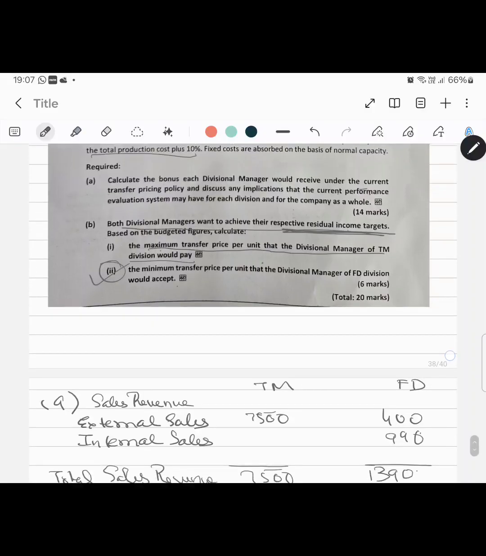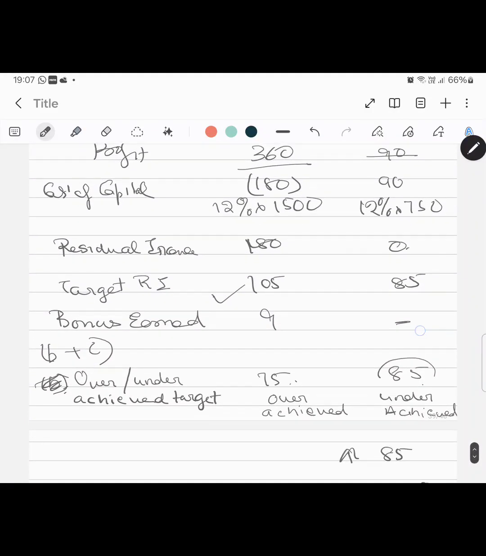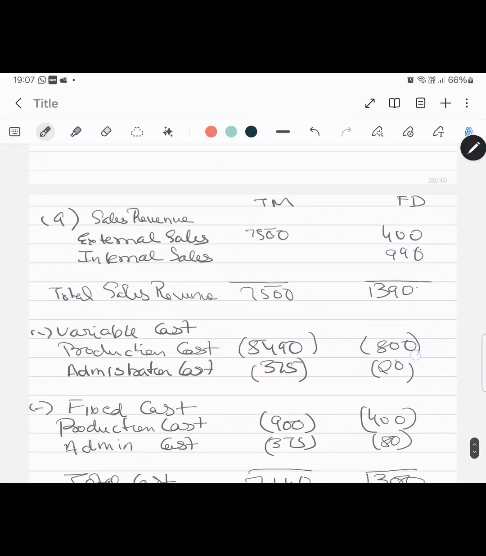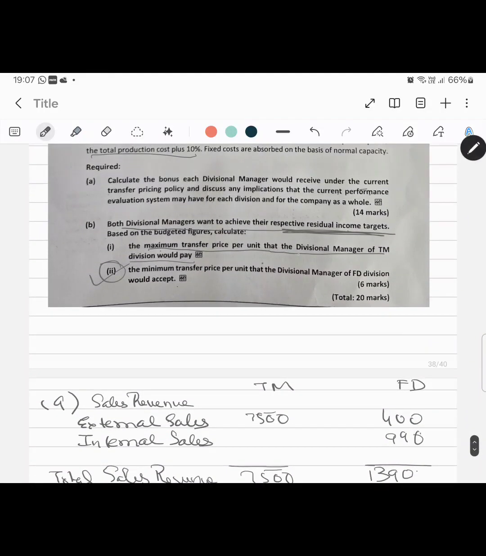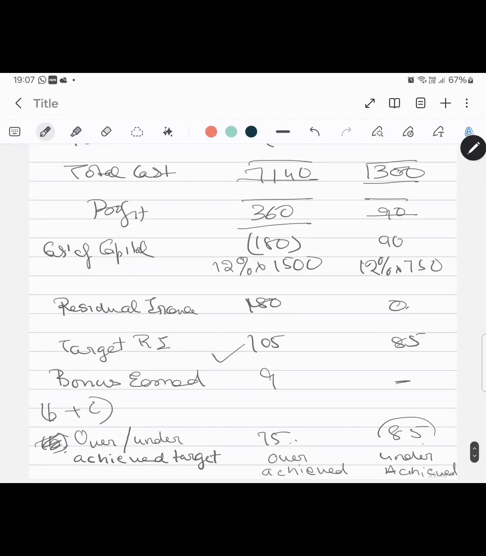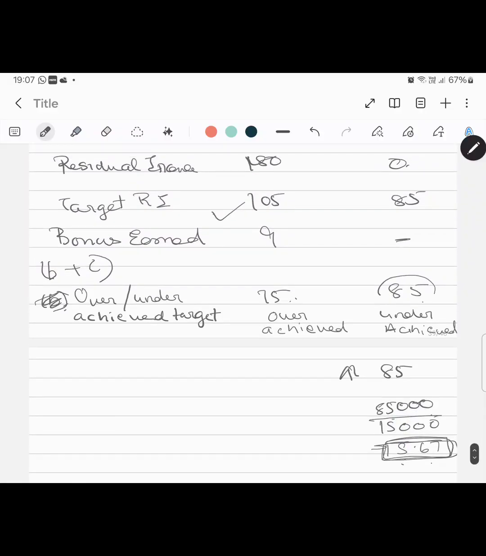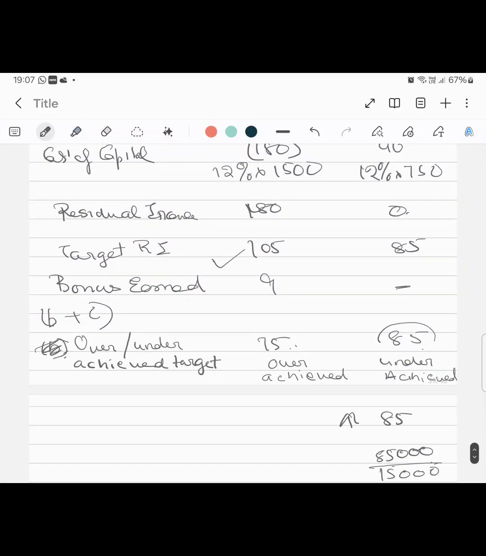Now this is the minimum, right? What is the maximum transfer price per unit that division TM would have to pay? Since it has already met the target, it does not need to increase its profits, but it can decline its profit, right? Why will it decline its profit?